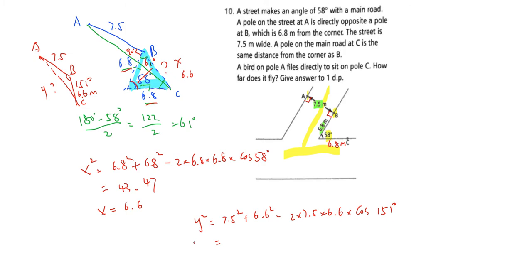So you have 7.5 squared plus 6.6 squared minus 2 times 7.5 times 6.6 times cosine 151. That equals 186.4. So y equals 13.7 meters. Bingo. Thank you.